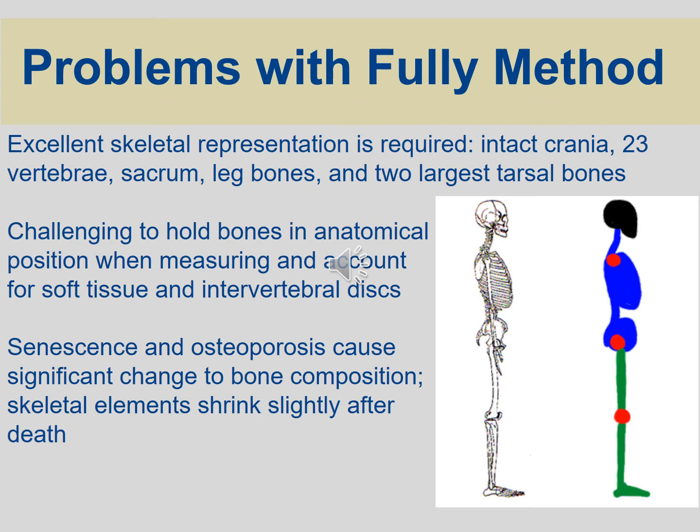We also know that because of the aging process, which is senescence and osteoporosis, skeletal elements begin to shrink. You'll notice that the vertebral bodies begin to shrink in anterior view because of weight, right? And people will sometimes have a hunchback or a kyphosis, and that contributes to height, and those numbers can change.